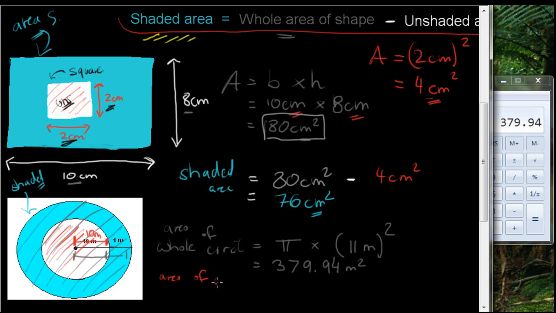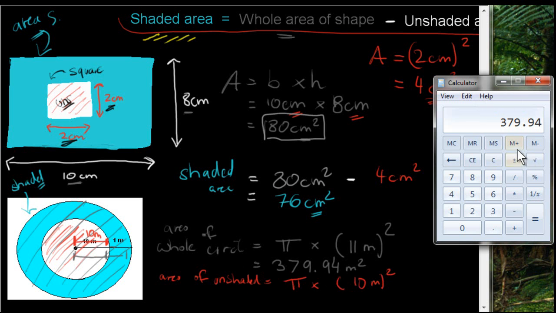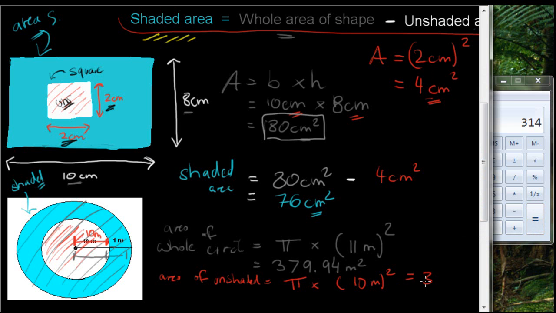So area of unshaded, remember same thing as a circle, so we got pi times the radius, and we said the radius was 10 meters. So 10 squared is the same as saying 10 times 10. And we times it by pi, so times by 3.14, and that gives us 314 meters squared.